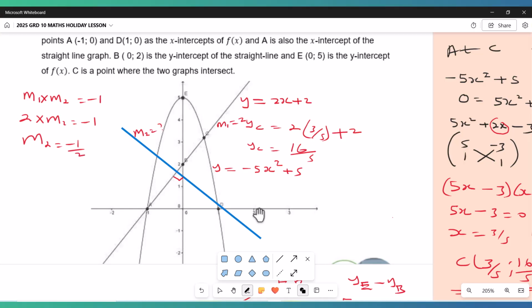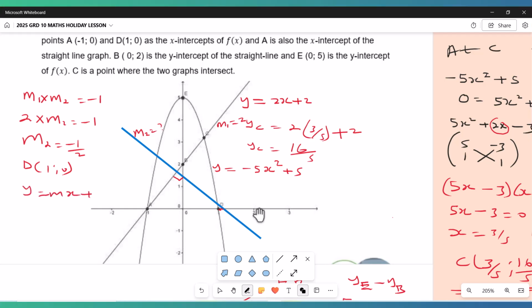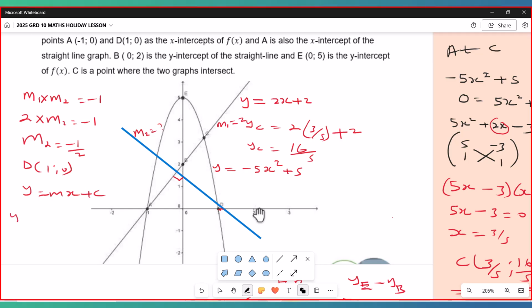Now, after getting the gradient for any line, and you have one extra point D here, then you can find the equation. Now, our point D, we have it as what? 1:0. So if I'm going to use y equals mx plus c, now the m is what you see as negative half. I'm going to say y equals negative 1/2 x plus c.